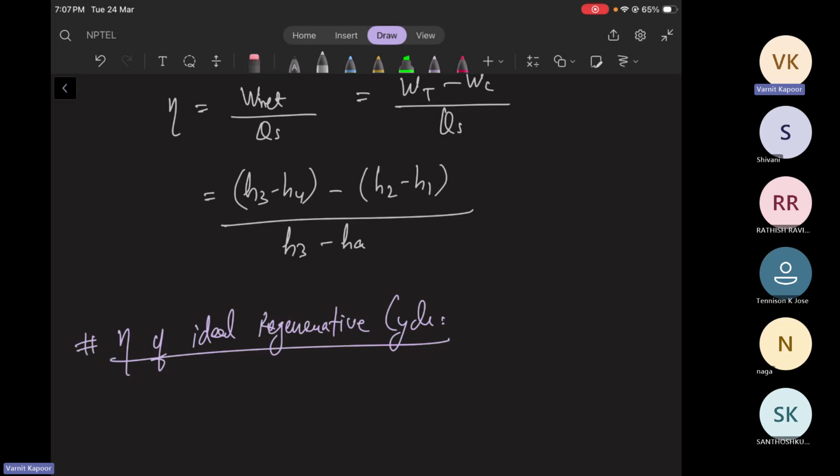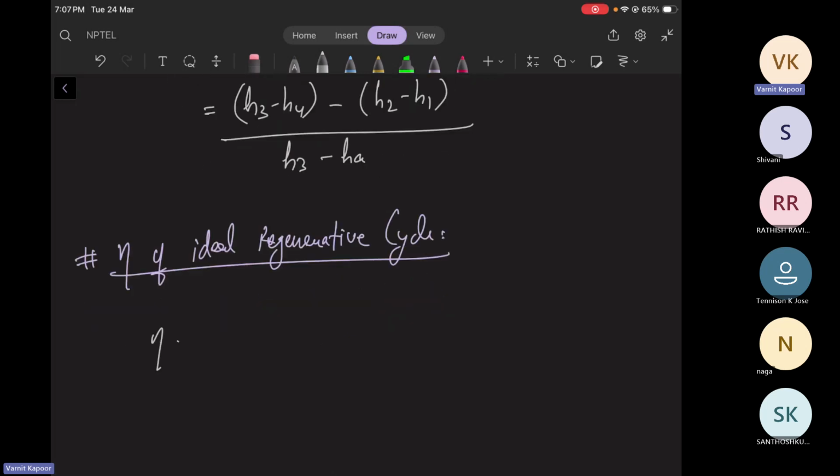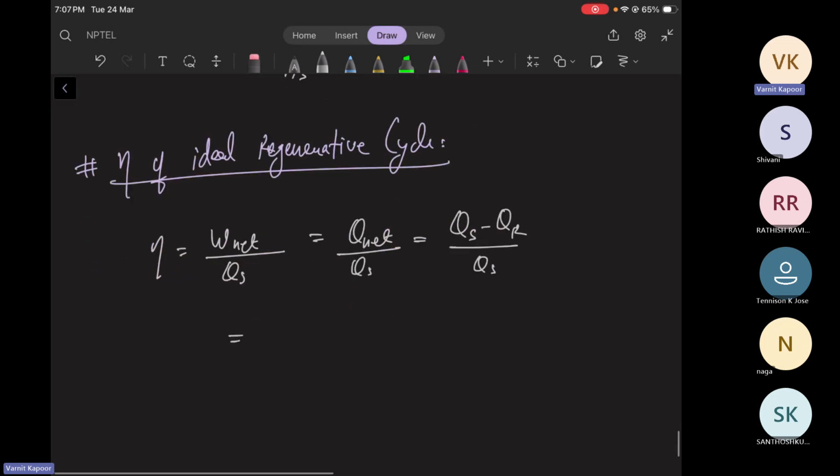Again, efficiency is net work to that of heat supplied, and from the first law of thermodynamics, in a cyclic process net work interaction is net heat interaction, Q net to that of Q supplied, and Q net is heat supplied minus heat rejected, so it can be written as 1 minus QR by Q supplied.